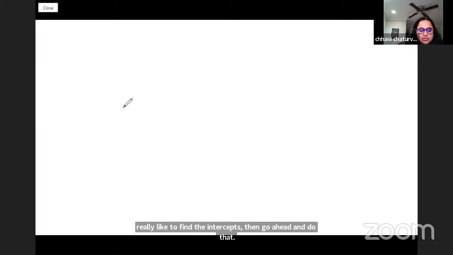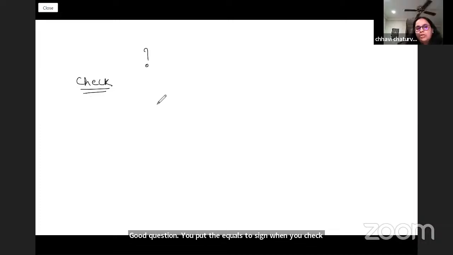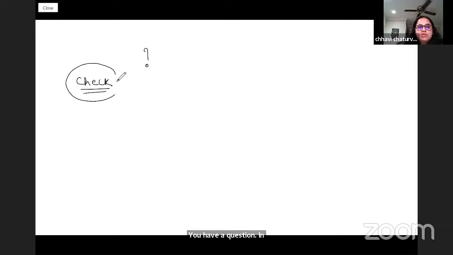When do we put a question mark over the equal sign, and when do we write plus minus versus plus and minus? Good question. You put the equals sign when you check for something. I don't think you have a question in chapter 7 or chapter 10 where you are checking for something.